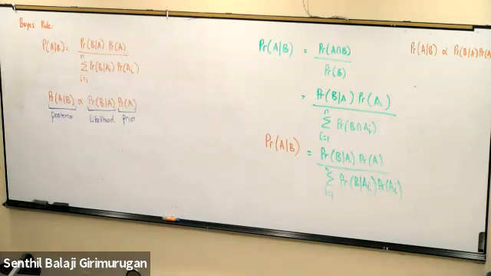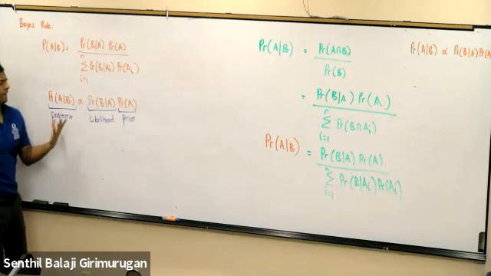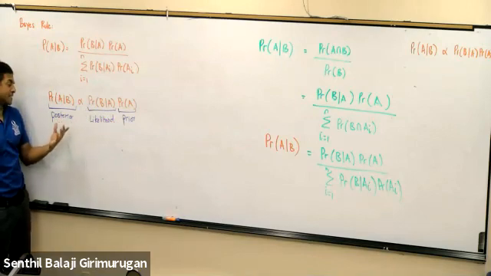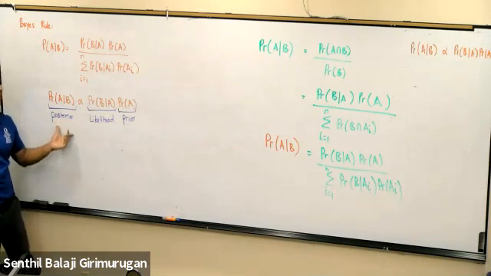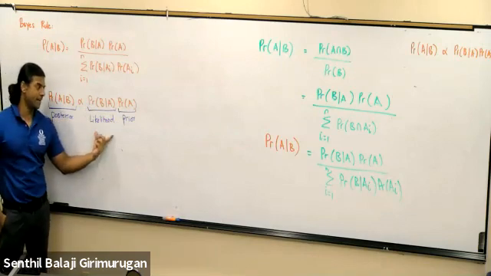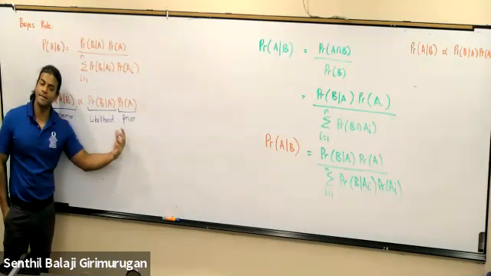And that's called the likelihood. So the mantra for Bayesian statistics: the posterior probability is proportional to the likelihood multiplied by the prior probability.